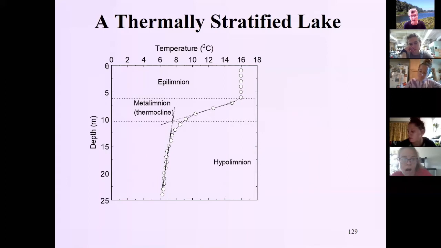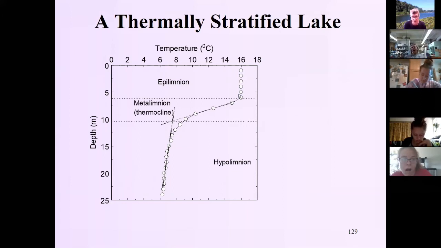If we look at this graph, the independent variable on the y-axis is depth, going down to 25 meters. We see that a typical lake in the summer that's this deep in the temperate zone would have a warm temperature down to maybe 5 meters or so. This is typical of what we saw at Potawatomi State Lake Number 2.